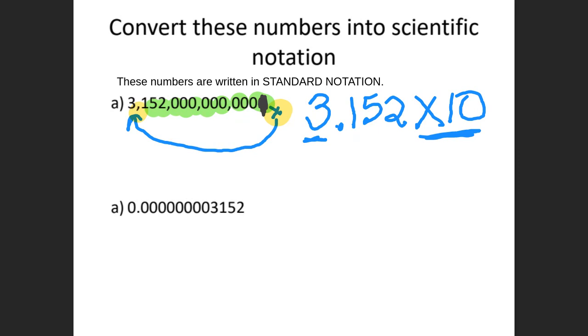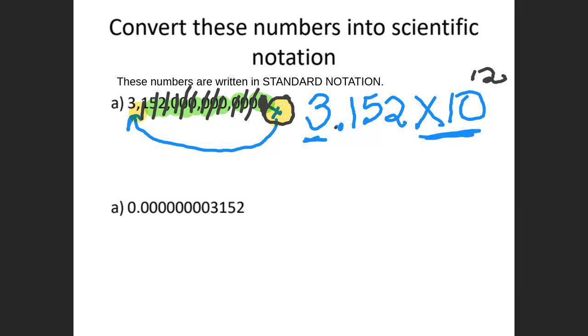I have 1, 2, 3, 4, 5, 6, 7, 8, 9, 10, 11, 12 digits. The number or the exponent will be 12 because I moved it from way in the back to between the 3 and the 1.